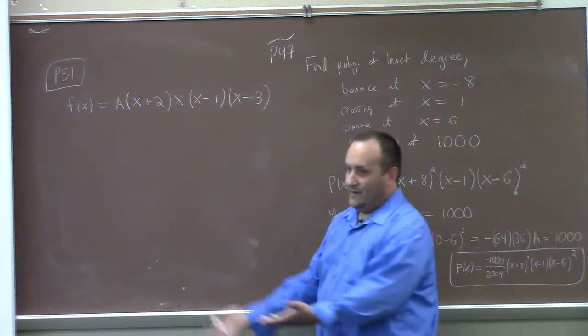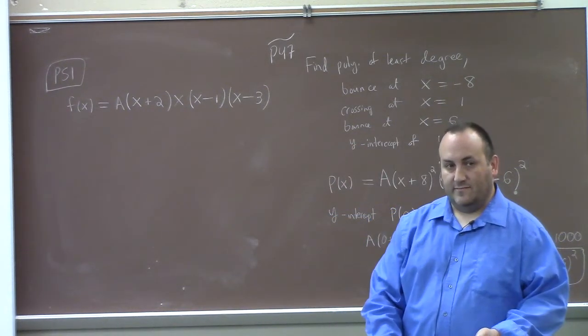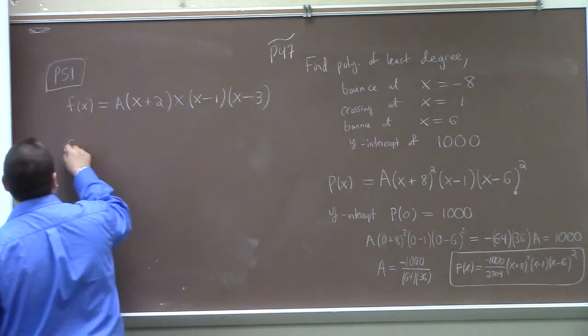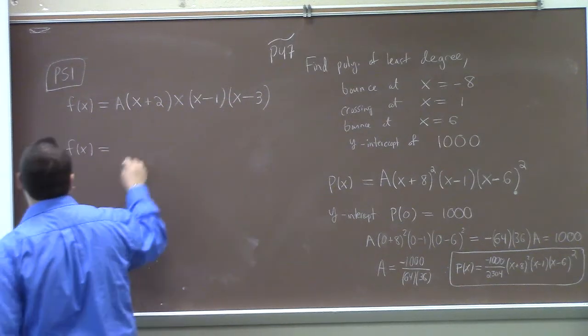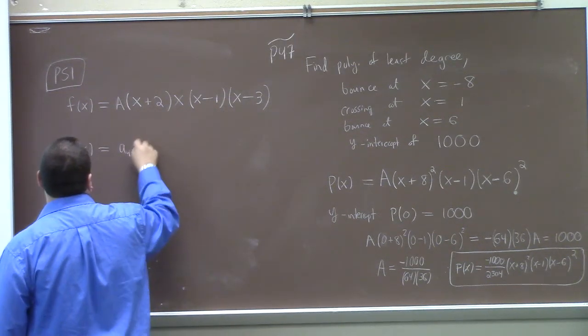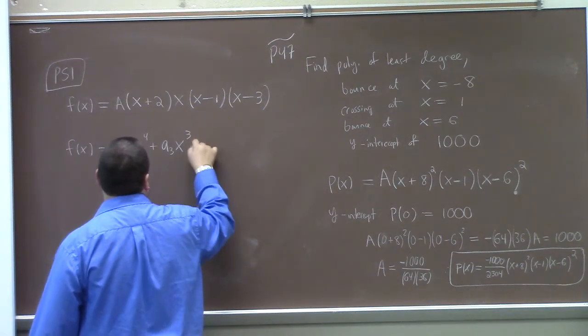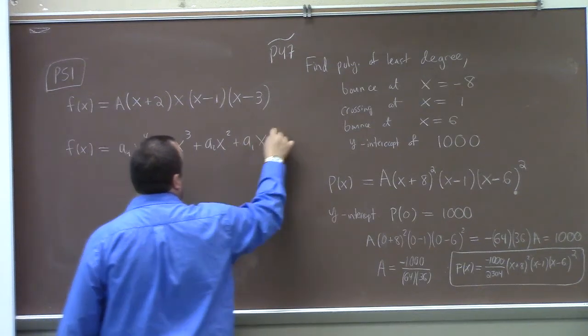So on the one hand, the polynomial is that from the given information. On the other hand, it's also a4x to the fourth plus a3x cubed plus a2x squared plus a1x plus a sub 0.